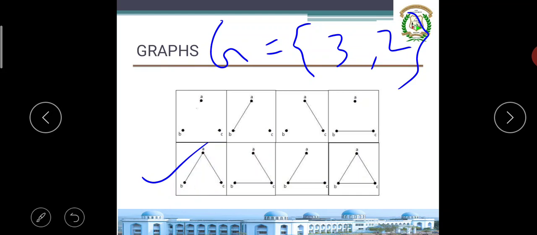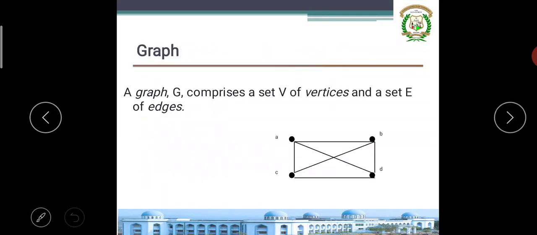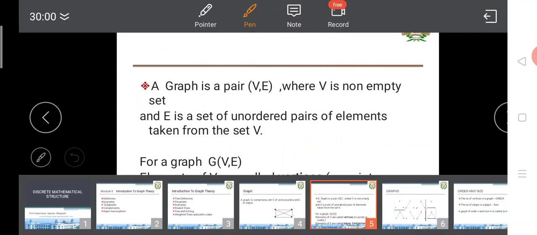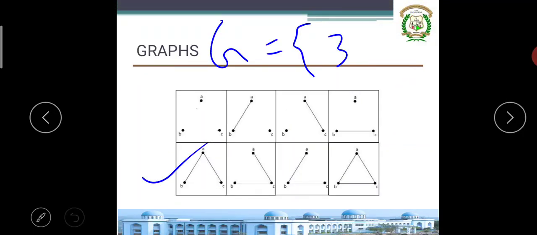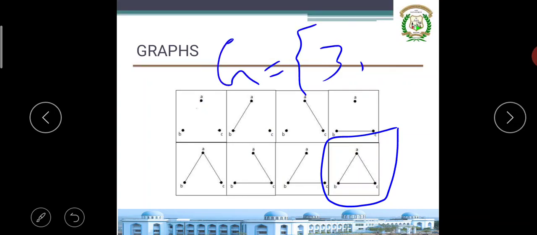In the same way, for these 3 vertices and 2 edges, and the last one is a graph of 3 vertices and 3 edges, G of 3, 3: vertices A, B, C and edges AB, BC, AC.